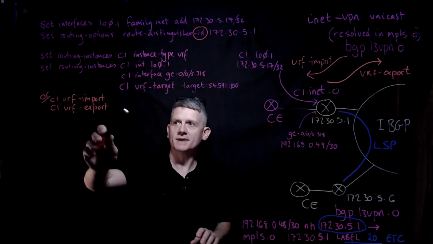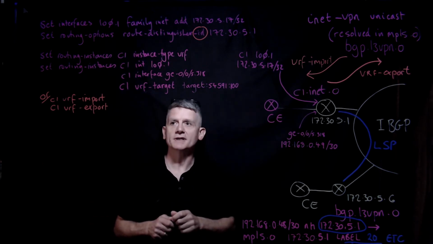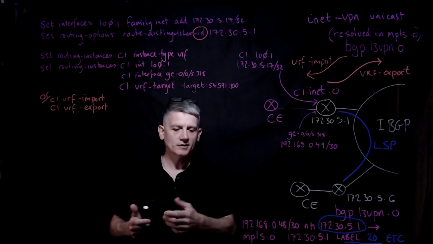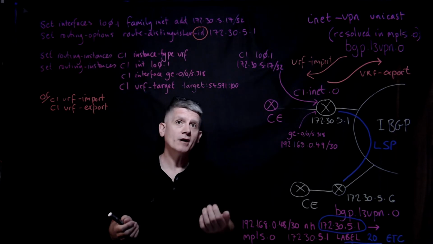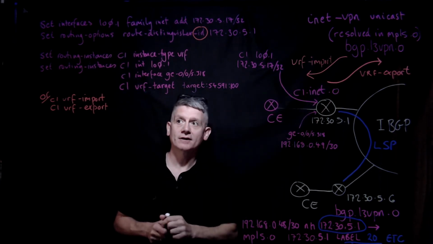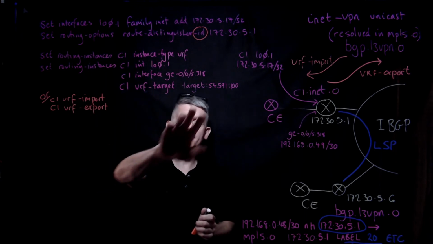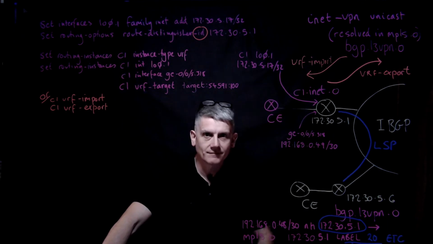So you see them here, VRF import and export. Obviously you'd need a policy, and the policy would be, for example, take the direct routes, take the BGP routes, mark them with the target, and off they go. So these import and exports are using the target, but it's setting them in a manual fashion.